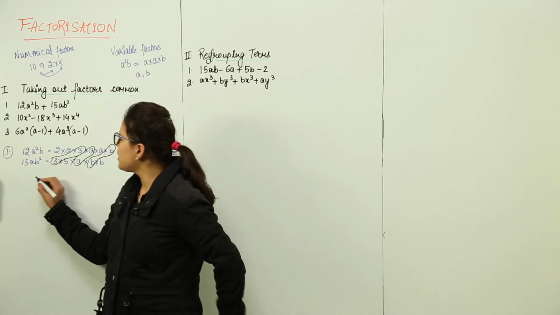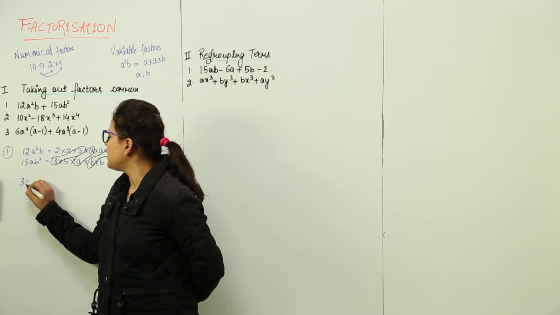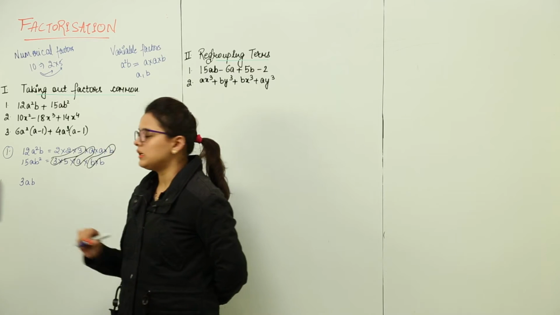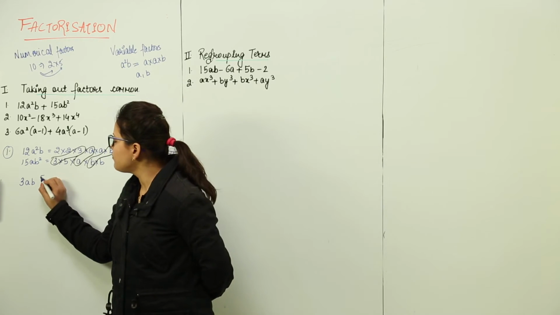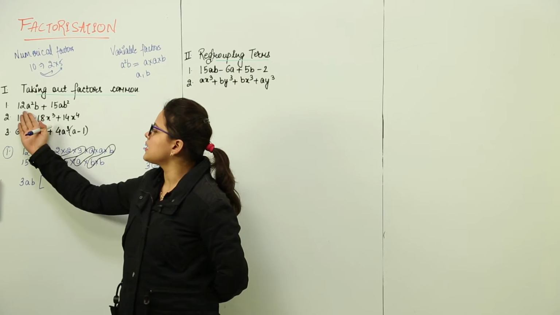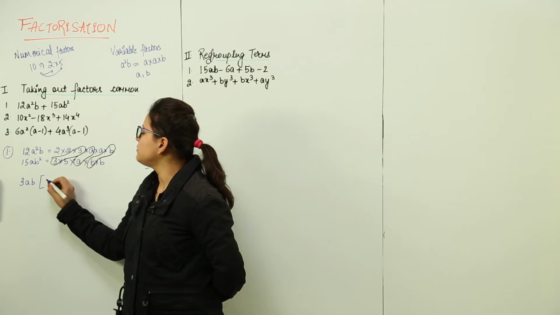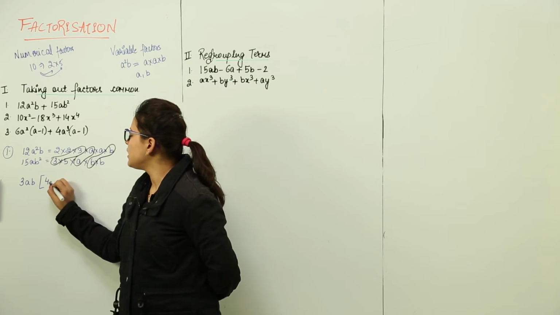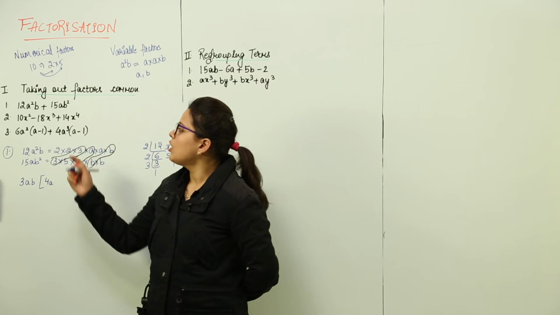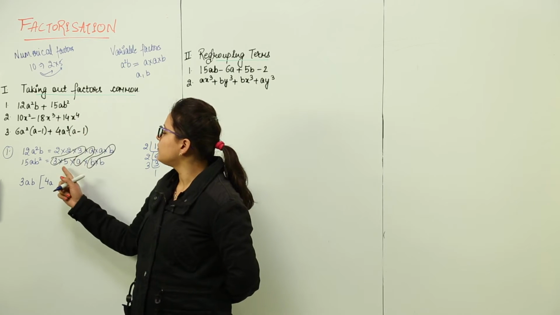Now I am taking out 3, a and b separately. What are we left with? On the left hand side, in the first term, we are left with 2 into 2 into a, that means 4a. In the next term, what are we left with?